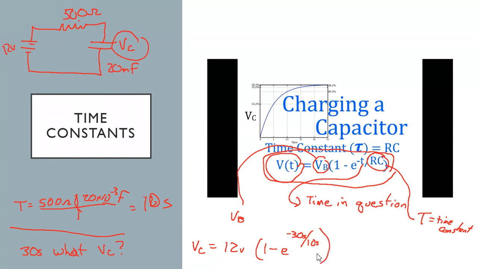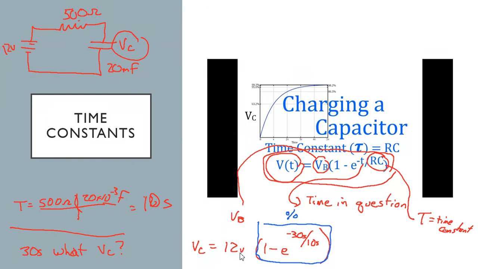So there's my equation. Now, just before I do anything, this right here basically gives me the percentage. Now, I don't want to say it exactly does, but it does. This is going to give me the percentage. How much of the total is there? And then I can take that percentage and I can multiply it by 12, and that's where we're at.